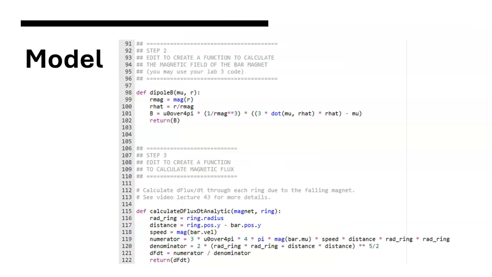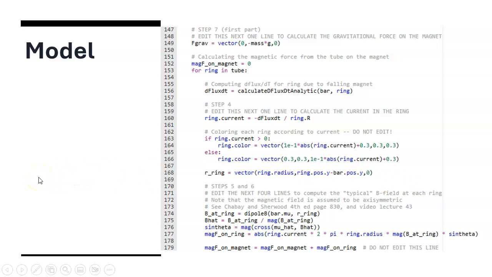This is the computational model that I used in my lab. In these two portions of the code, we find the magnetic dipole as well as the change in magnetic flux.